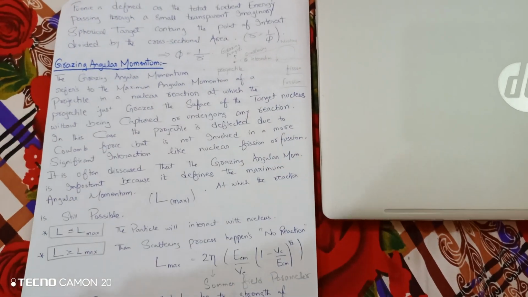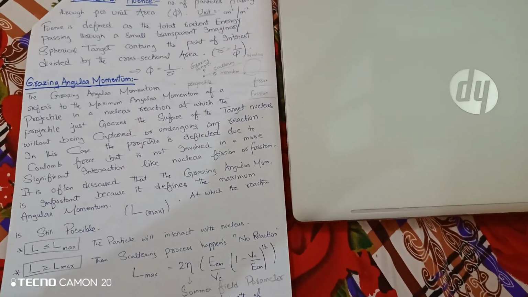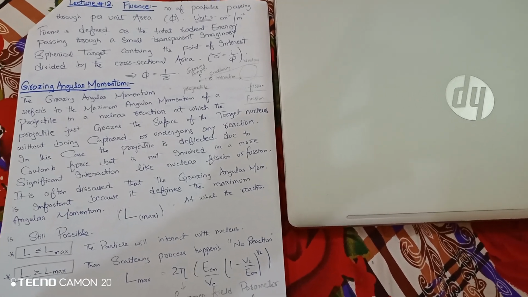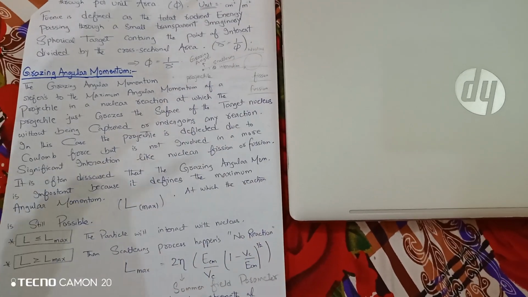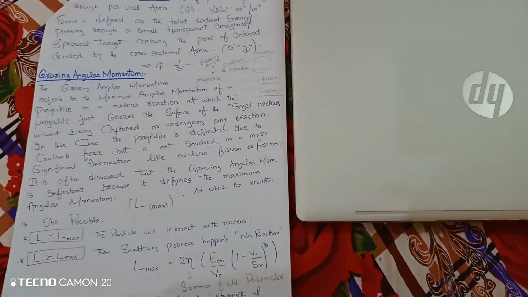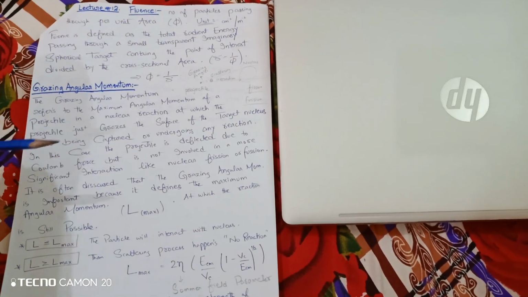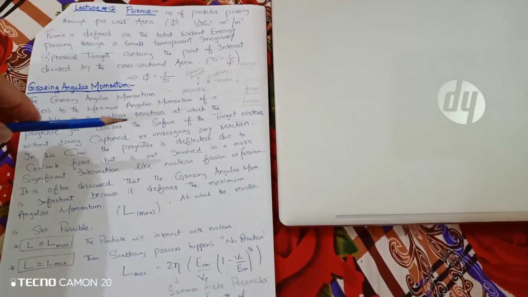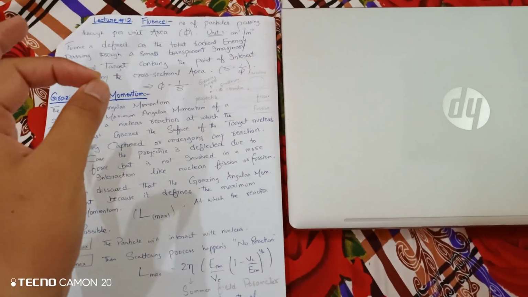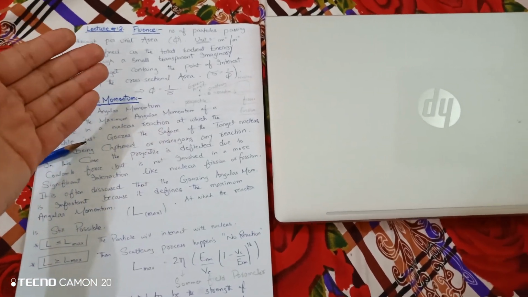So the grazing angular momentum is basically the maximum angular momentum at which the projectile in a nuclear reaction just grazes the surface of the target nucleus, without being fully captured or undergoing any reaction. When it just grazes the surface, touching from the edge, there is no probability of full interaction.